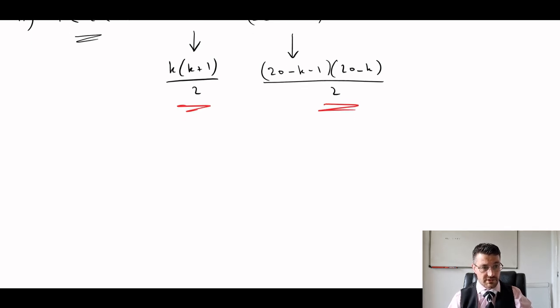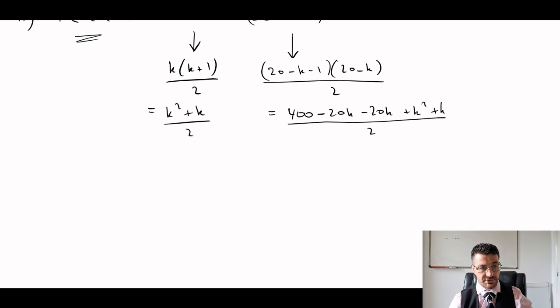Let me get rid of these things here. So this is equal to (k squared plus k) over 2, and this is equal to, I've got my notes here just so hopefully I don't make too many silly mistakes, 400 minus 20k plus k squared plus k over 2, which also happens to be equal to, when you notice that we've got the k squared plus k, this was just something that I noticed fairly quickly when I did this, we've got the (k squared plus k) over 2.